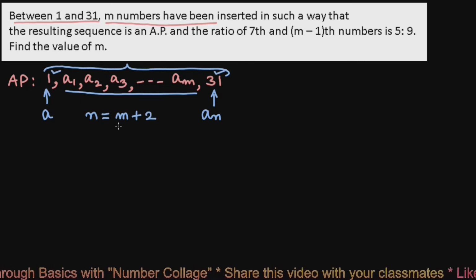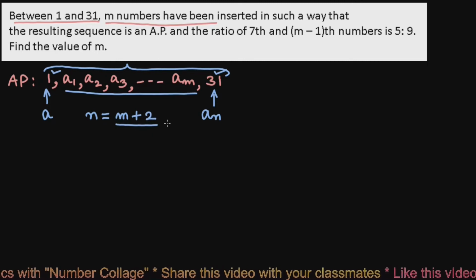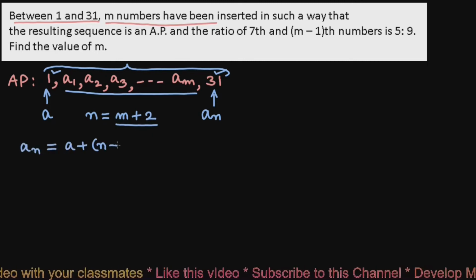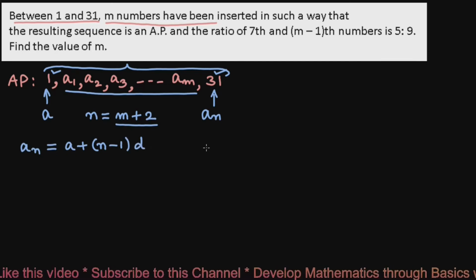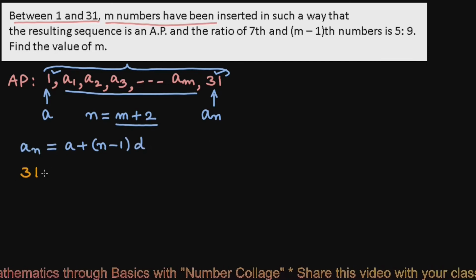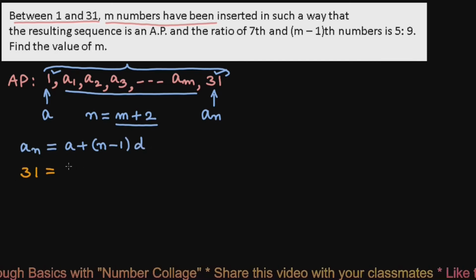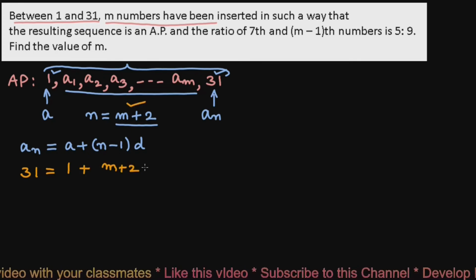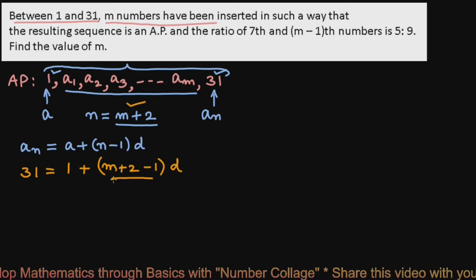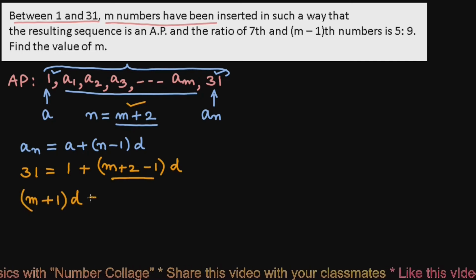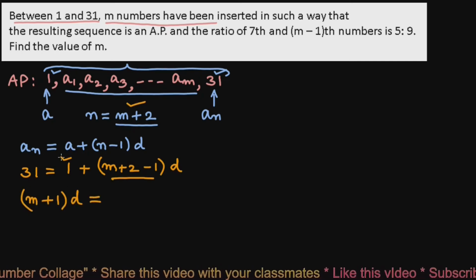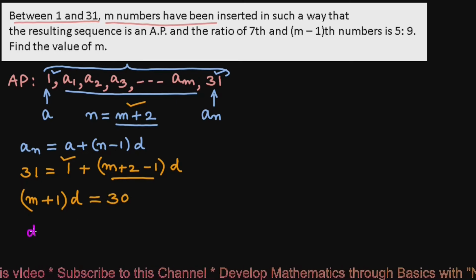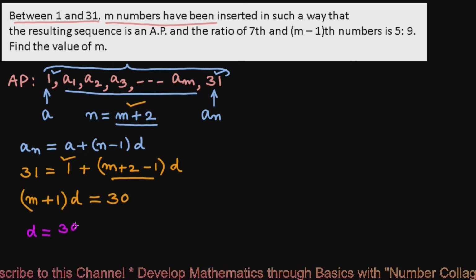So total number of terms will be m plus 2. Now we have an is equal to a plus n minus 1 into d. So we write an 31, that equals a, which is 1, plus n is m plus 2 minus 1 into d. This will be m plus 1 into d equals 31 minus this 1, it will be 30. So we get d equals 30 upon m plus 1.